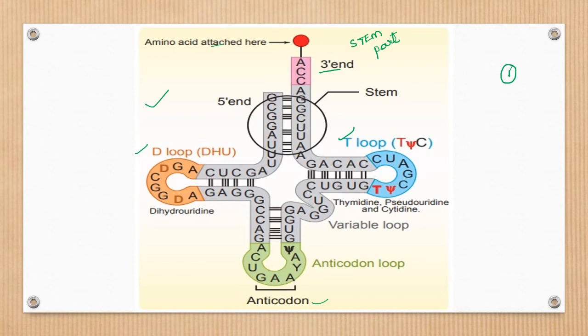The stem part, that is the 3' end, is the site for attaching the amino acid, and it has the code CCA. Opposite to that is the 5' end, which always ends with guanine, a guanosine base.